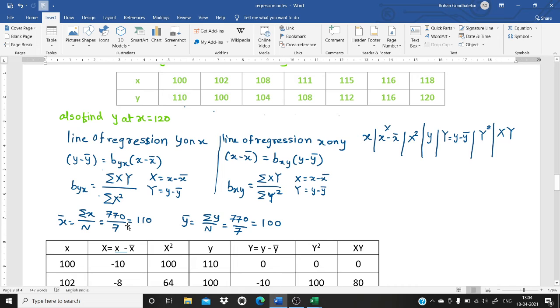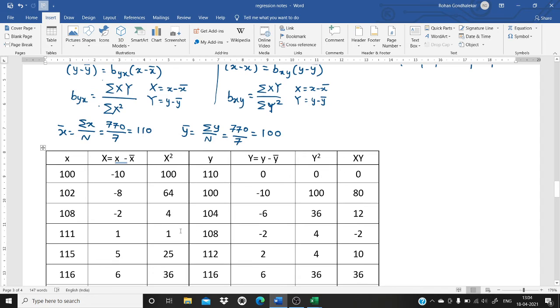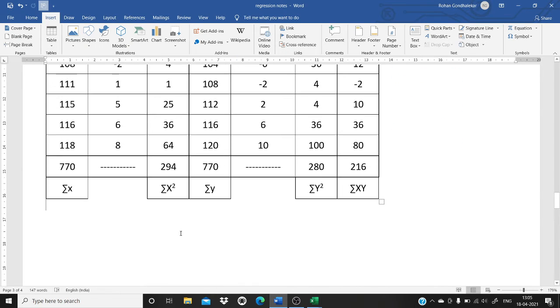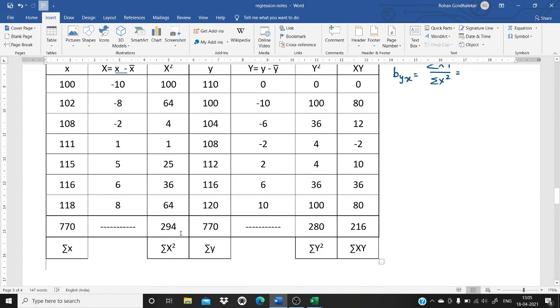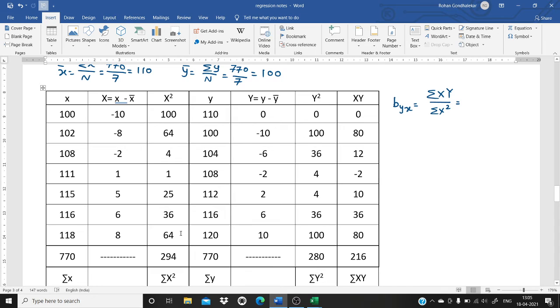Is it okay? Fine. Now further, I want to calculate byx and bxy. So I use the calculations part over here. Byx, the formula is summation of capital X into capital Y upon summation of capital X square. What is summation of capital X into capital Y? Look at there, it is 216.